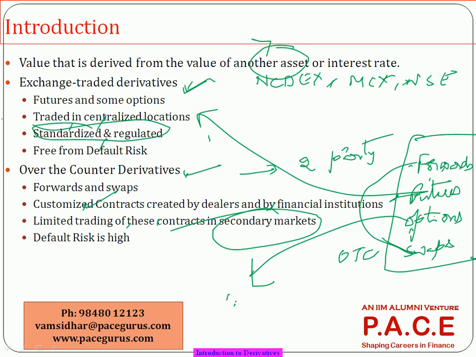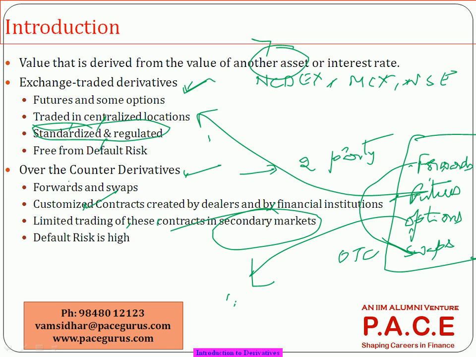No customizable contracts. Probably there also it will say multiples of 5 liters only or multiples of 100 liters only you can trade. If you want 20 liters of oil, no way, because the trade has to be in multiples of 100 liters only, no odd lots. So some kind of these issues.